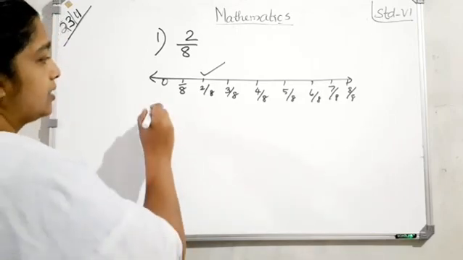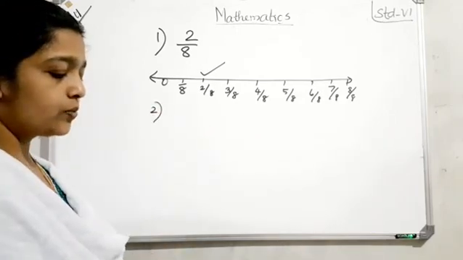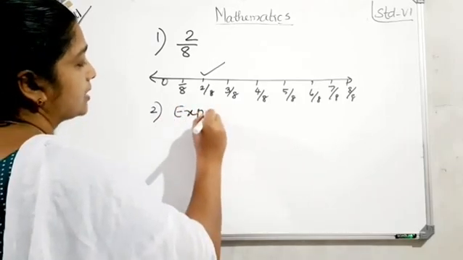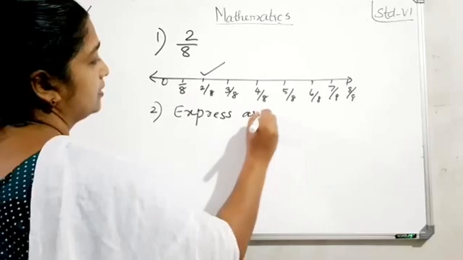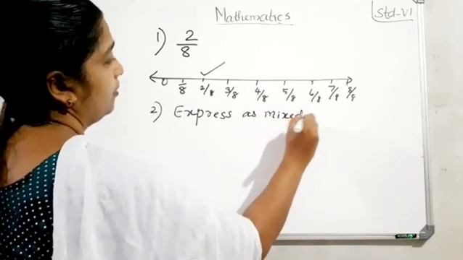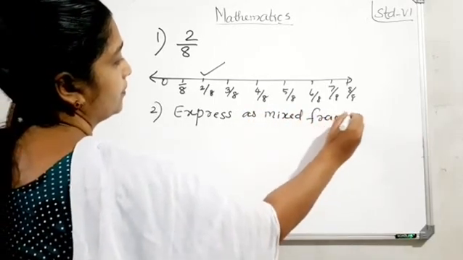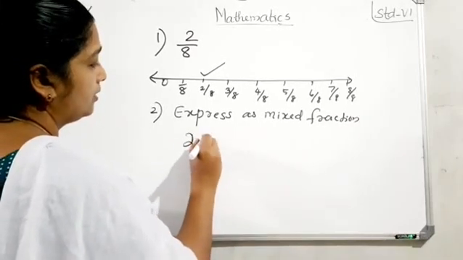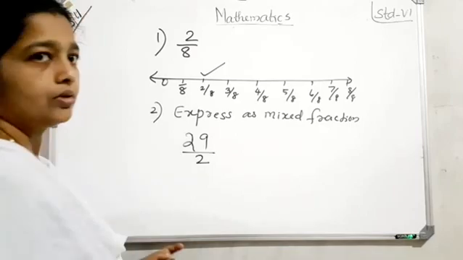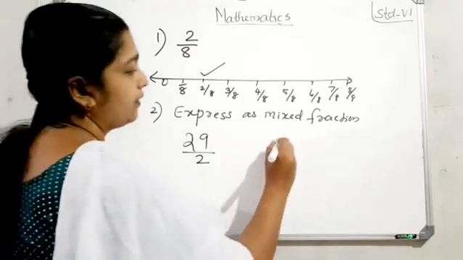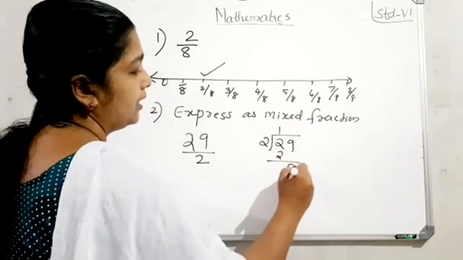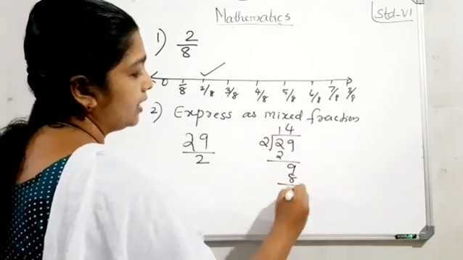Then second question: express as a mixed fraction. The question is 29 by 2. So how can we write it? First, divide by 2. 1 into 2, then 9, 4 twos are 8, then 1.